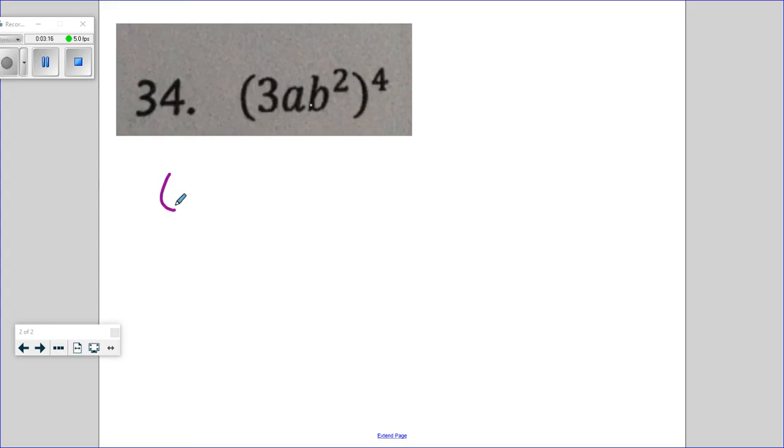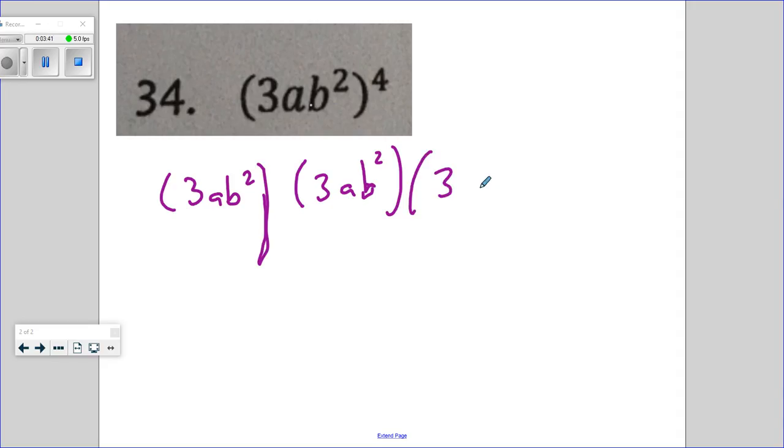It means 3ab squared times itself 4 times. Sorry, my pen is freaking out. So times 3ab squared times 3ab squared times 3ab squared, right?